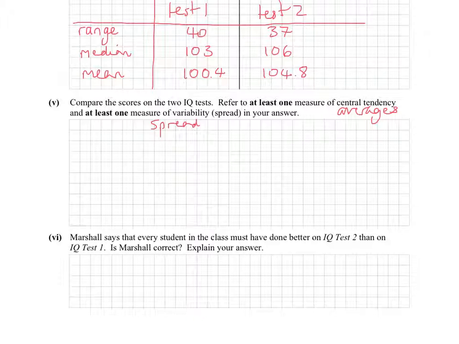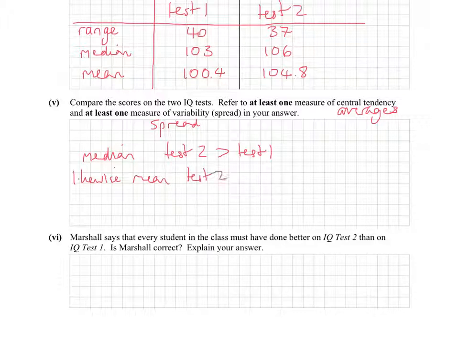And so here, if we talk about, for example, the median, we have a situation where the test 2 value is greater than test 1, and likewise for the mean, test 2 is also greater than test 1. So it's fair to state that the students did better at test 2 than test 1.